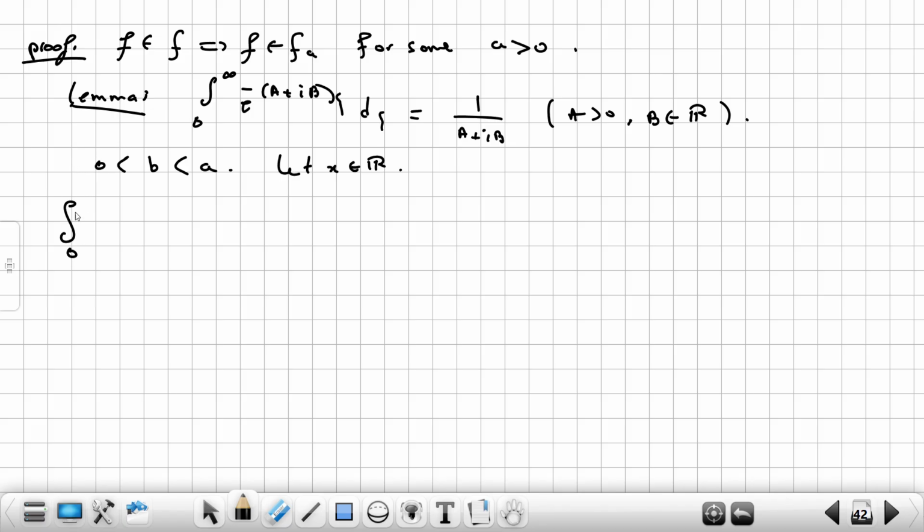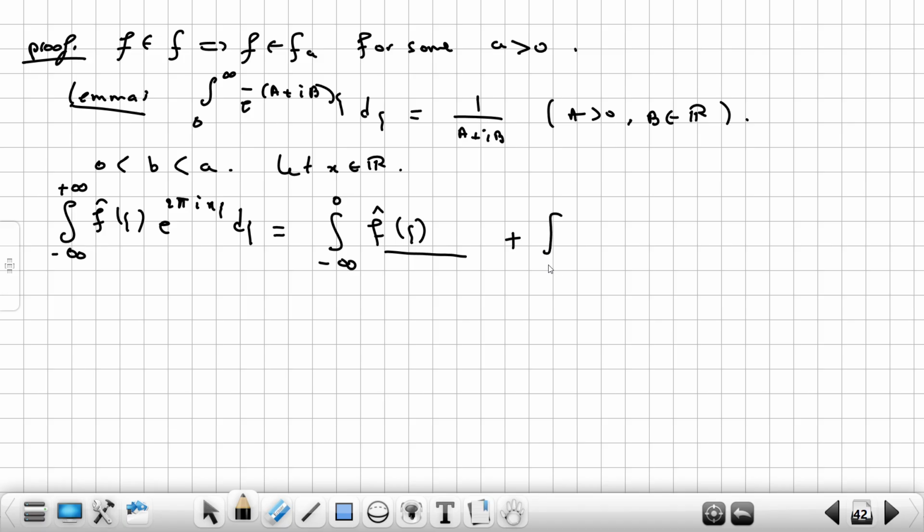Then write the integral from minus infinity to plus infinity of f hat of psi e to the power 2 pi i x xi d xi. Split the integral: write it from minus infinity to 0, plus from 0 to plus infinity, and call this integral I2 and this integral I1.